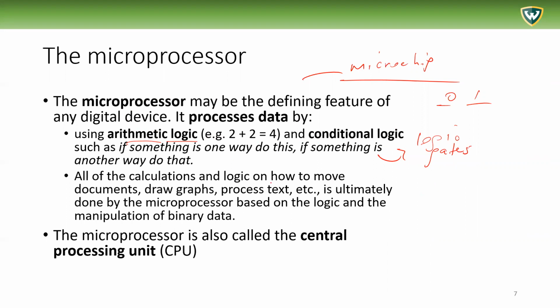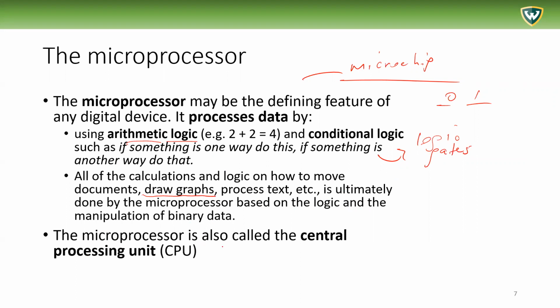All of the calculations and logic on how to move the documents, on how this person is moving from left to right and underlining this word here, drawing a graphic, the processing of text, everything that is happening in the computer, the shining of the light on the screen, is ultimately done by the microprocessor based on the logic and the manipulation of binary data.